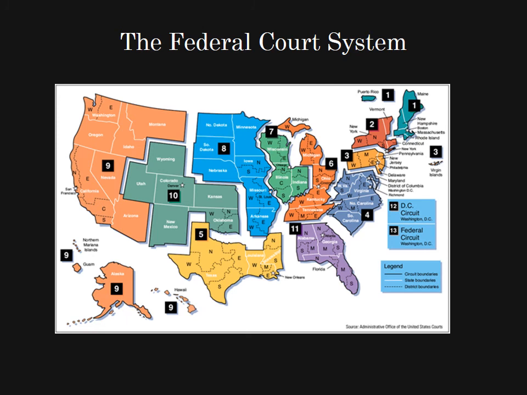What will be confusing is that when you get into legal research and writing, and you start talking about the regional reporters, our regional reporter actually groups us with South Carolina, North Carolina, Virginia, and West Virginia. But that is not the case here with the circuit courts.